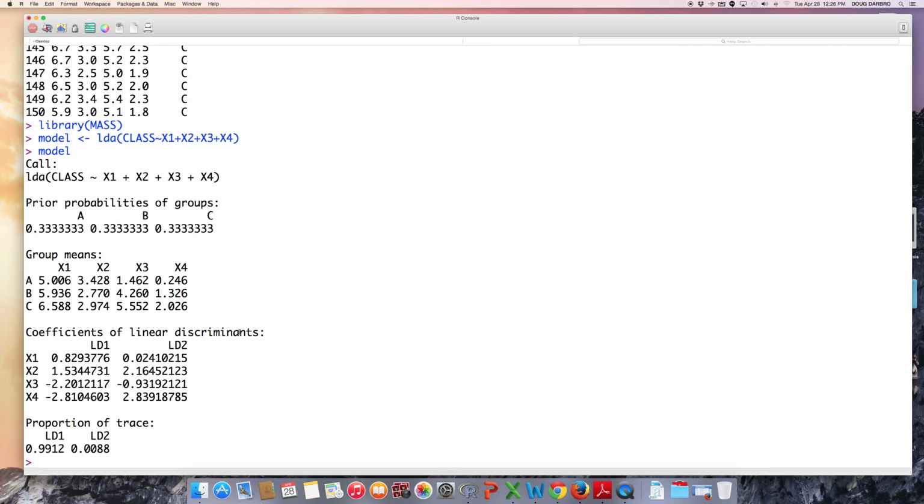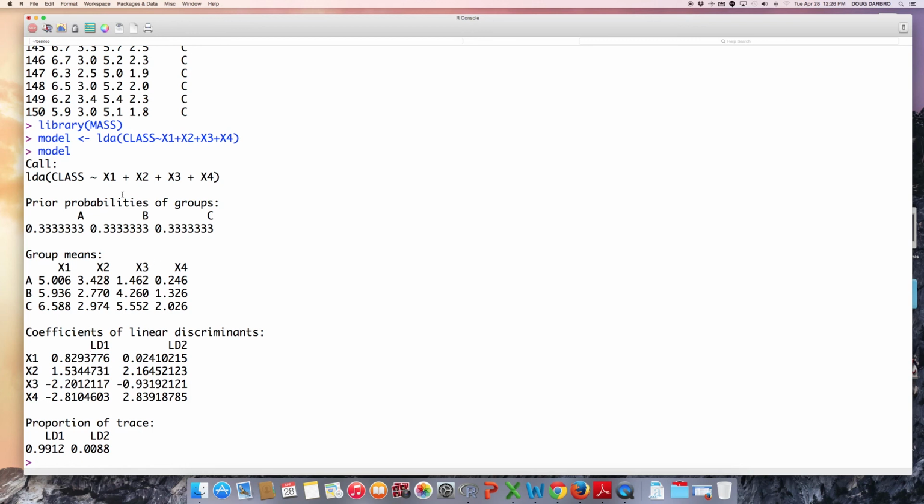And what will happen, dependent on the number of groups that you're trying to discriminate across, if you think about the example that we just did, we only had 2 groups, college ready and developmental. Well, when you calculated your coefficients for the linear discriminant model, you only had 1, LD1.